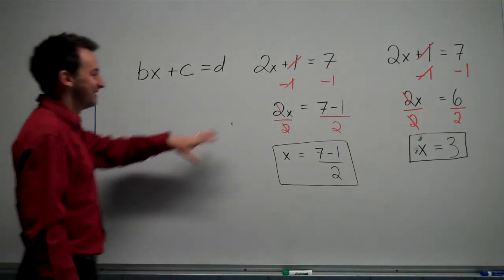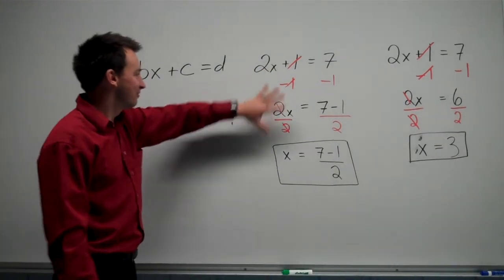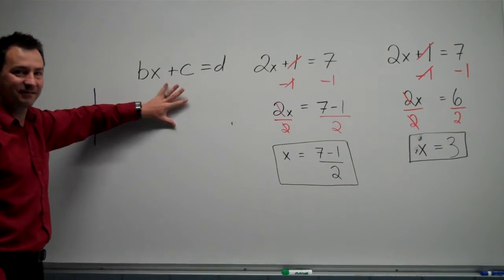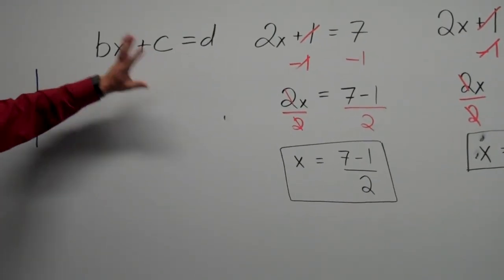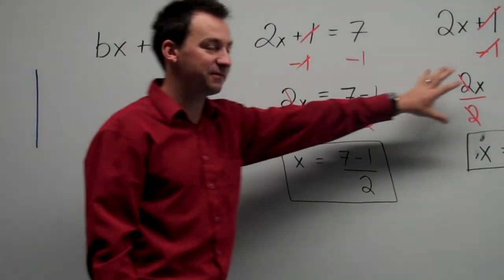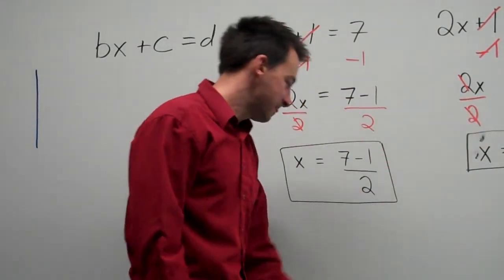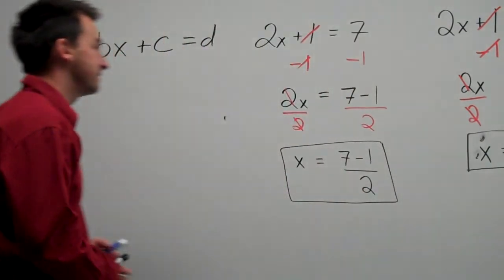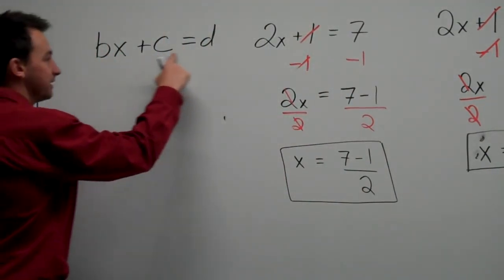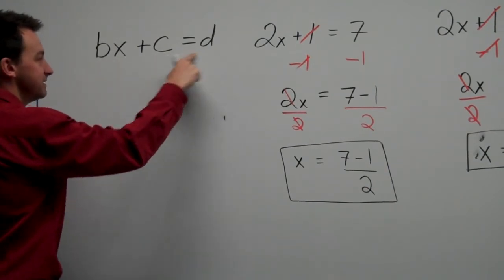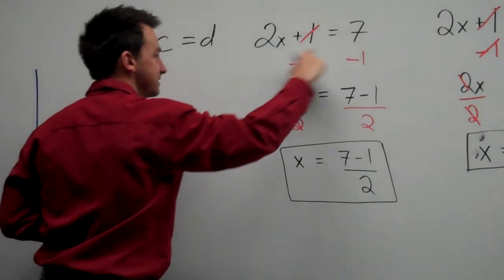Now, with this idea, we're going to do exactly the same math when we have letters. The problem with letters is that you cannot simplify them like we did the numbers. But the steps are exactly the same as what we've done. We're going to look at this equation, and this equation is exactly the same as this equation.